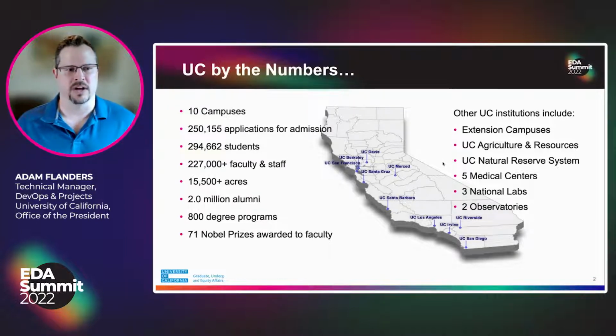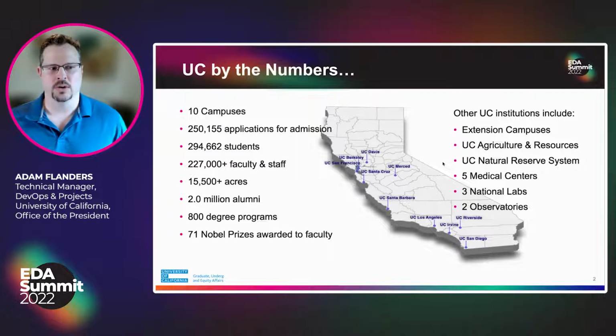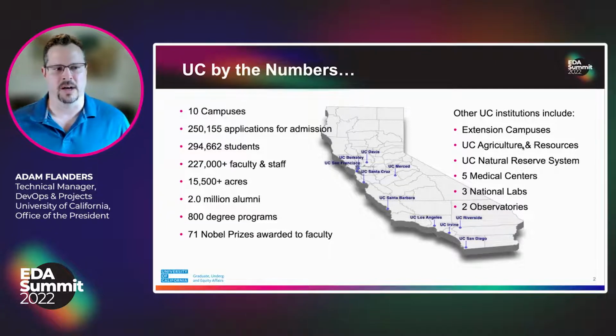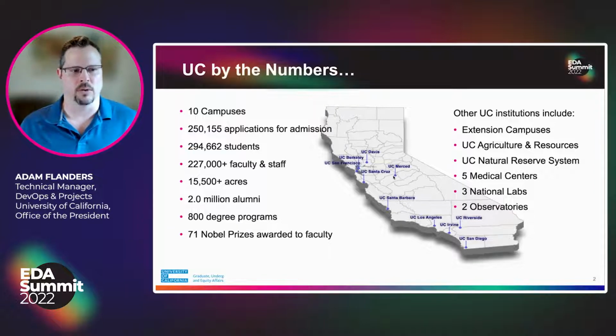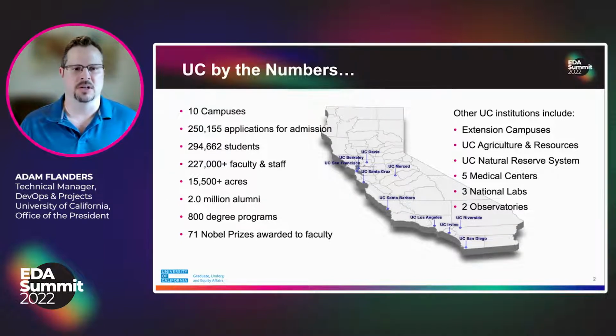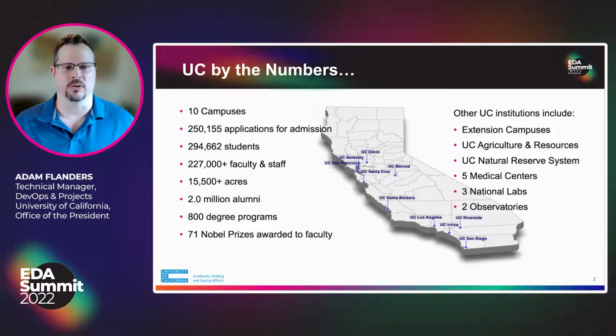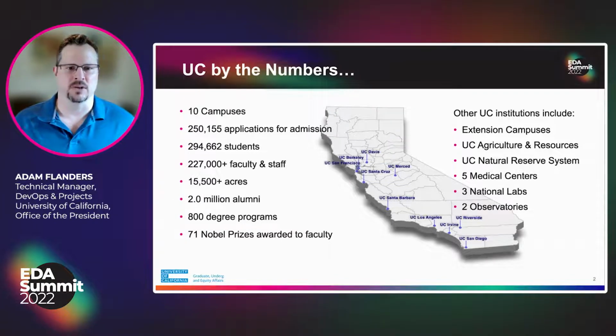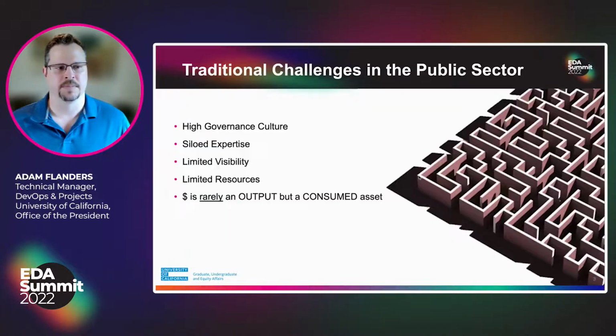Just under 300,000 students are actively enrolled, 227,000 plus faculty and staff, over 15,500 acres between all of the campuses, 2 million alumni that are available globally, with over 800 degree programs and 71 Nobel Prizes awarded to the faculty. Other institutions include extension campuses, agriculture and resources, natural reserve system, 5 medical centers, 3 national labs, and 2 observatories. So it's a very big system.